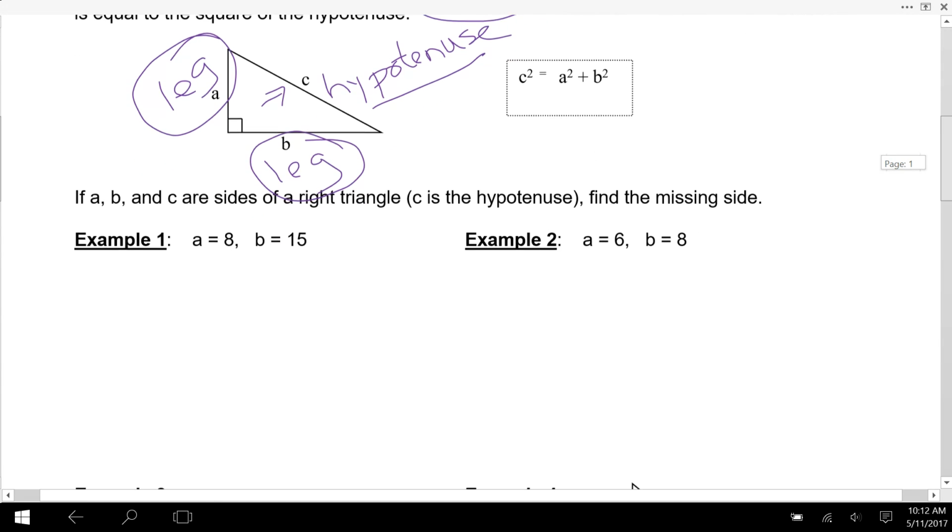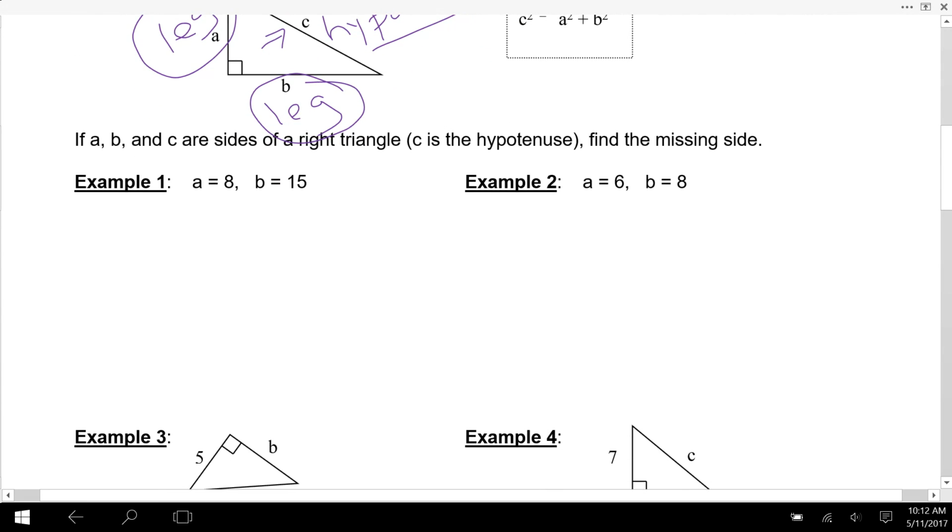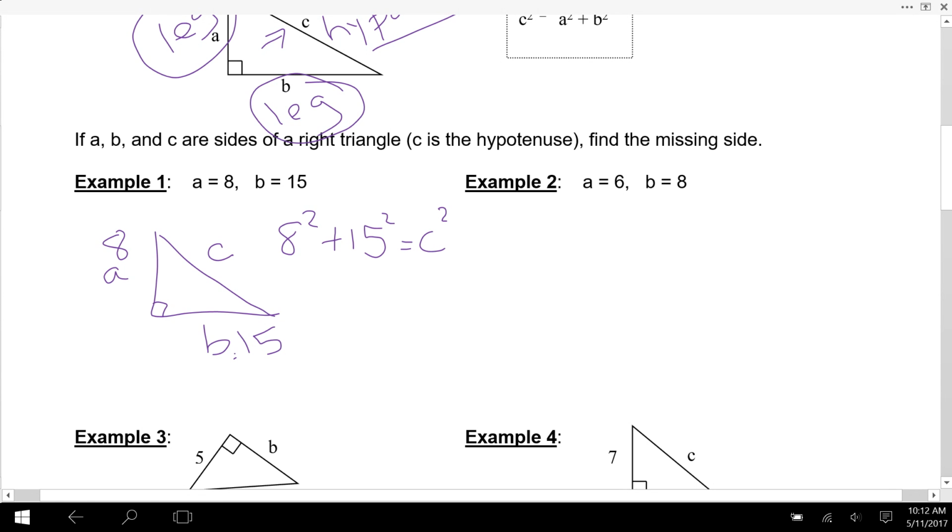So, for example, if I drew a triangle, here's my hypotenuse. If A is equal to 8 and B is equal to 15, then I should be able to write 8 squared plus 15 squared equals C squared. So 8 squared is 64, and 15 squared is 225.